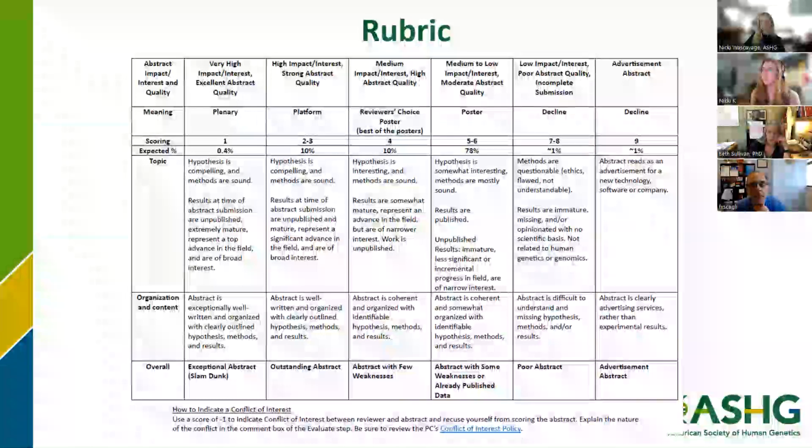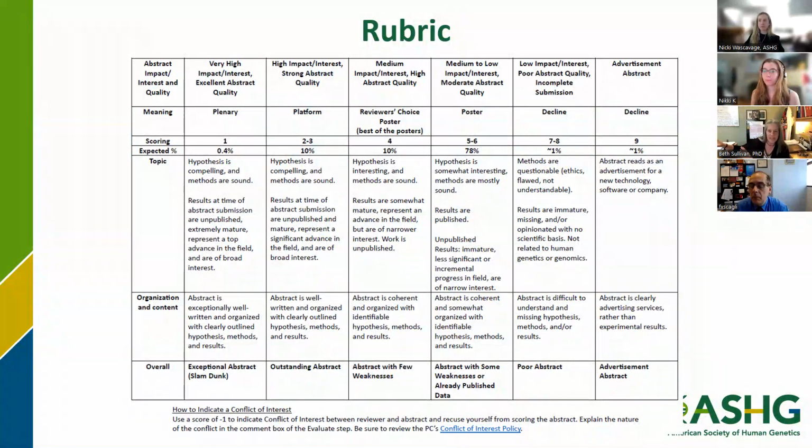What we've found in past years is that, depending on the topic that people had abstracts in, we would get some abstracts that scored really tight, 8s, 9s, 10s, and then we'd have other topics that were 11s and 12s.